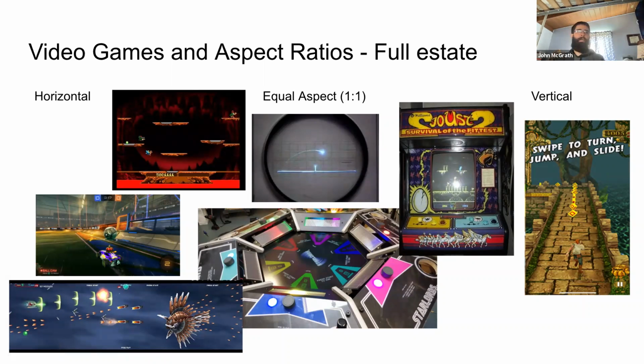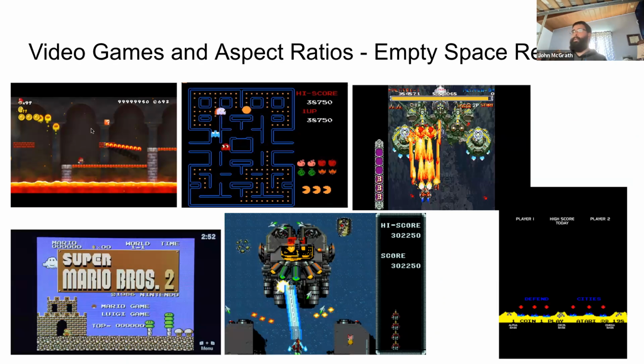And so that's what video games are when they utilize their full resolution capacity. However, that is not often the case. But here you can see that in various games that have been ported to other systems, additional black boxes are there, whether it's by ports or emulation or whatnot.